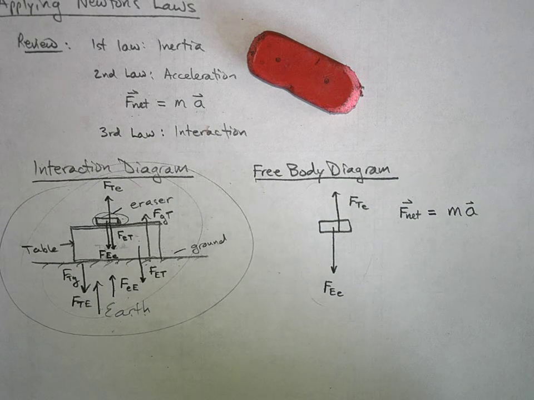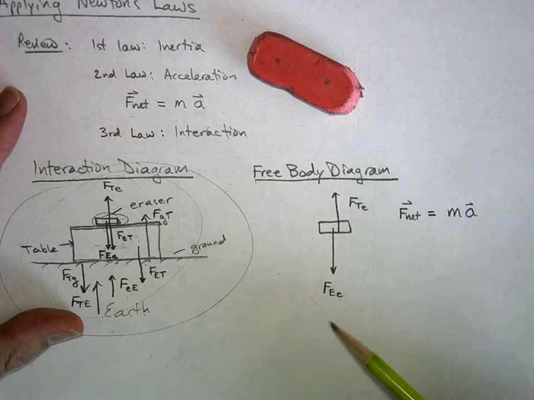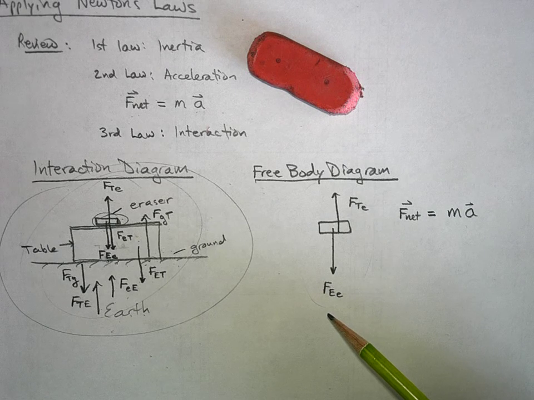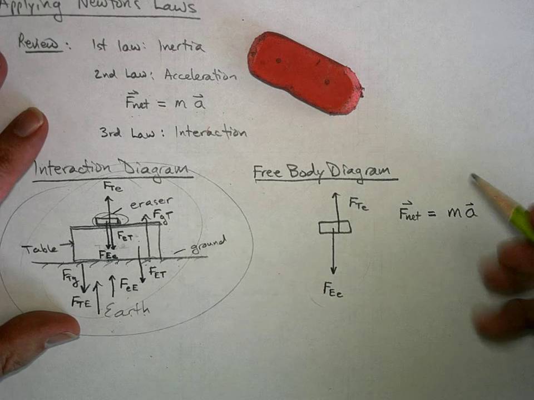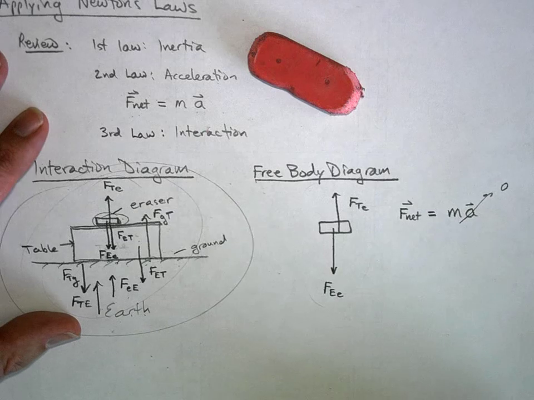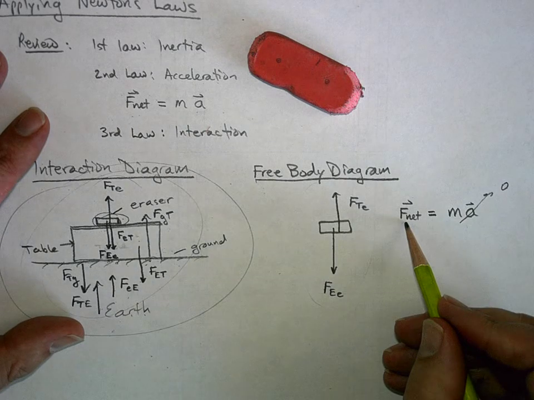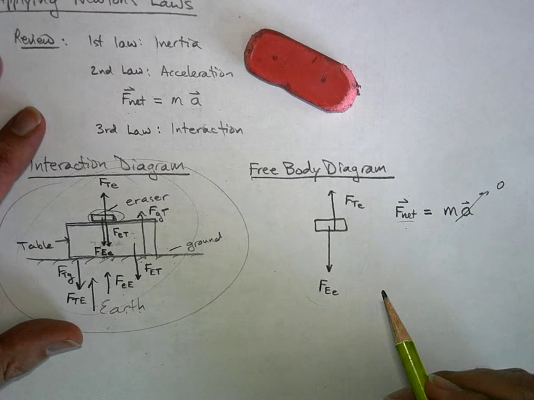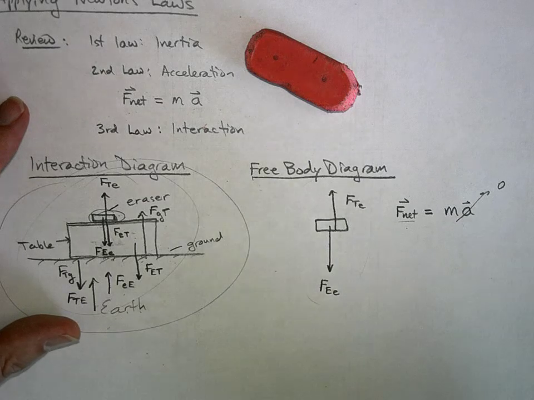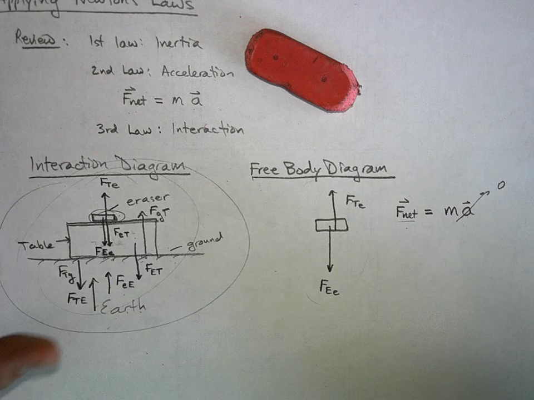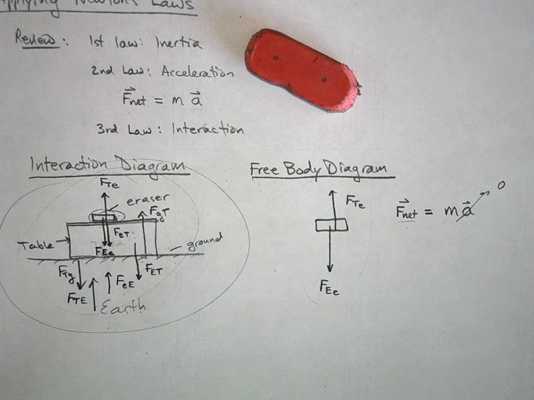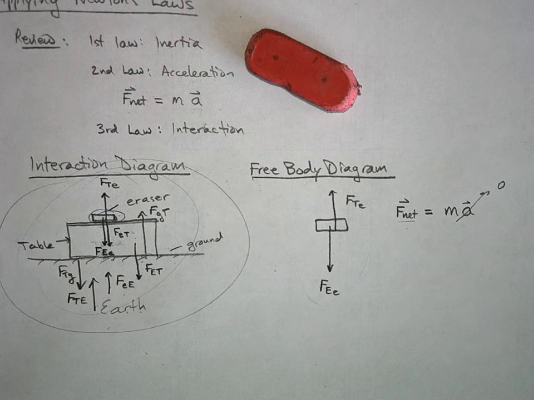Well, what is the acceleration of our eraser? It's 0. So now, what does the net force mean? The net force means we have added up all the forces acting on the object.